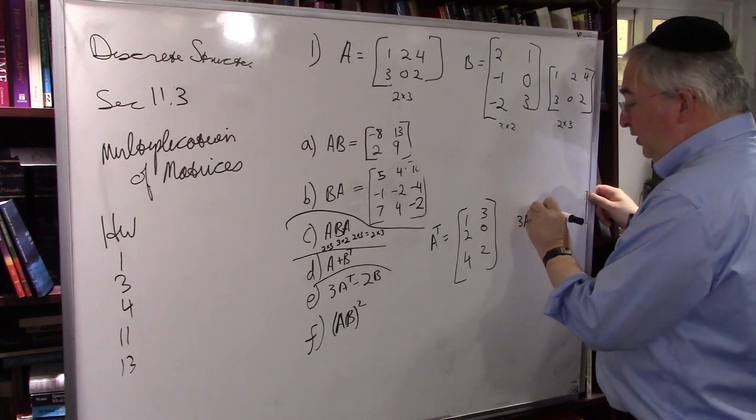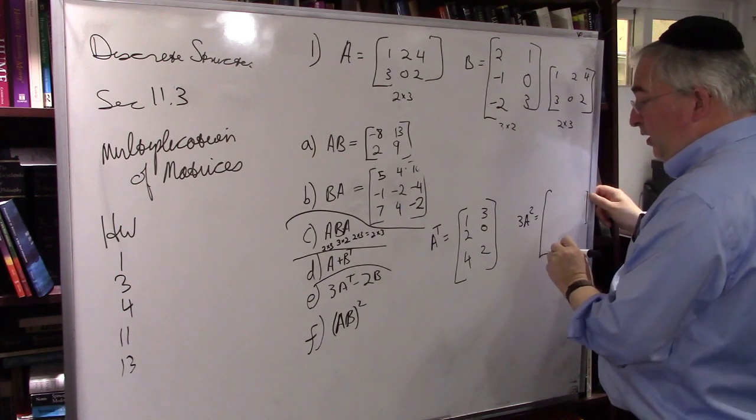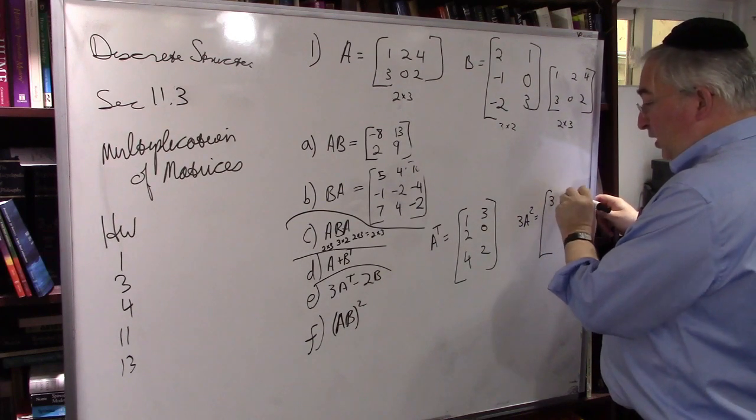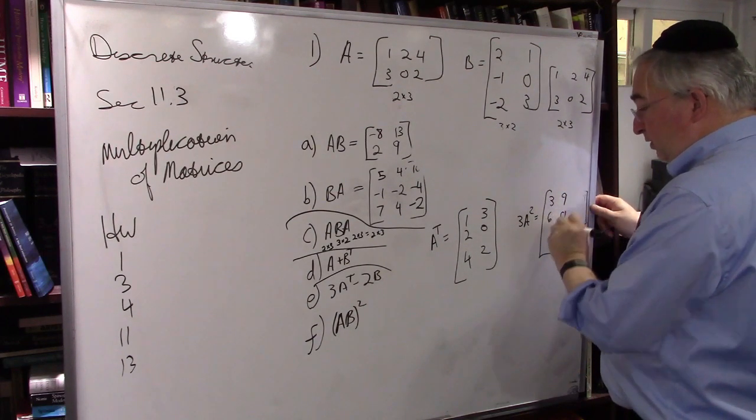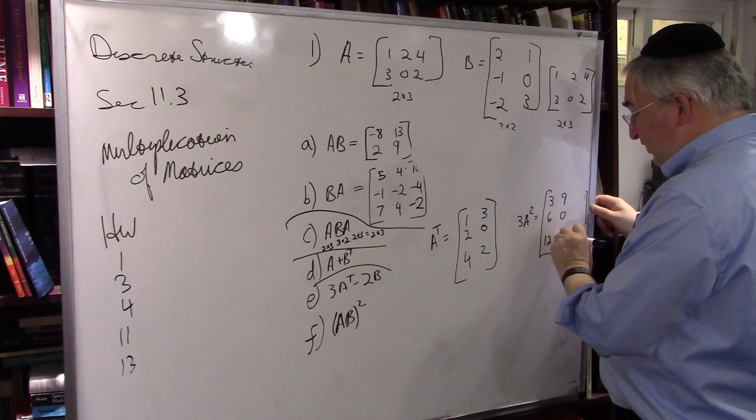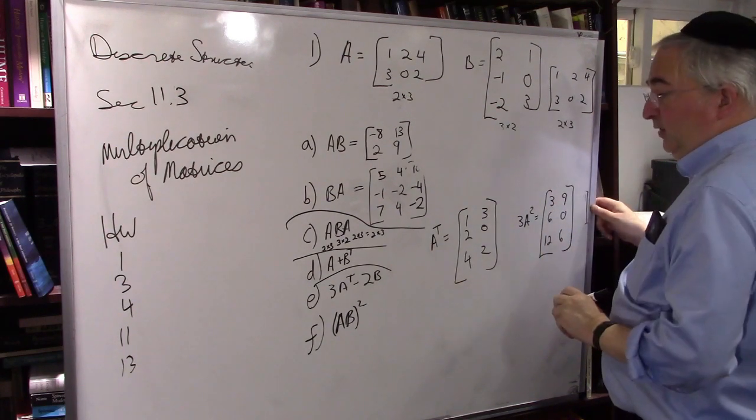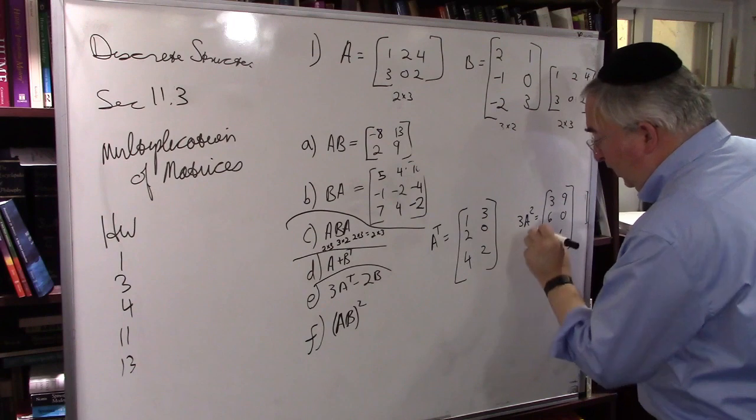Three A transpose is equal to 3, 9, 6, 0, 12, 6.